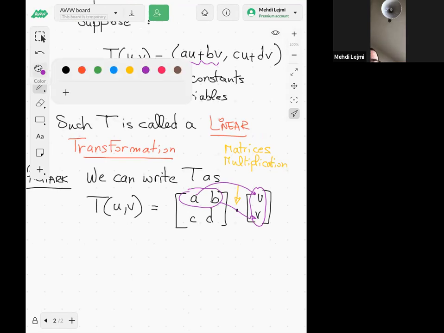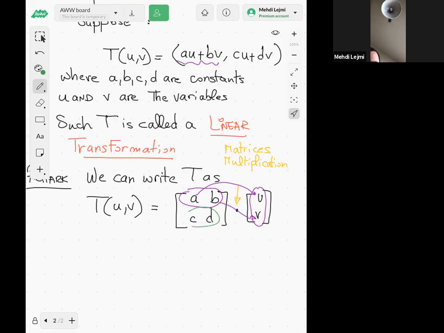Then you take the second row, which is C D, and you multiply the C by U plus the D by V. So that's how multiplication between matrices works. You take rows in your first matrix and multiply them by the columns in the second matrix.